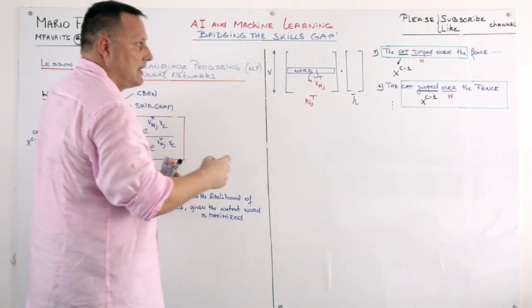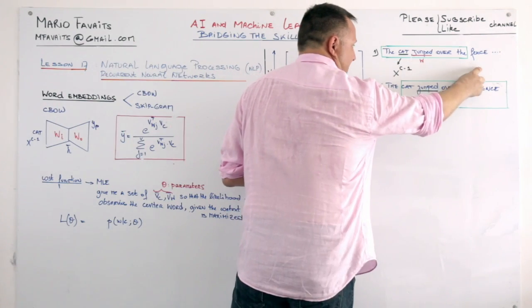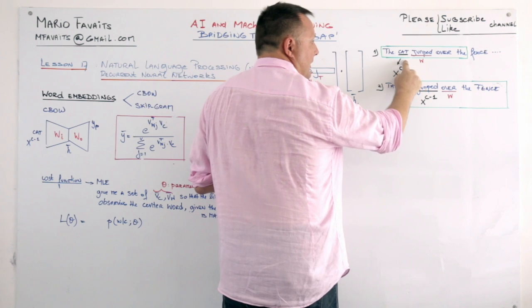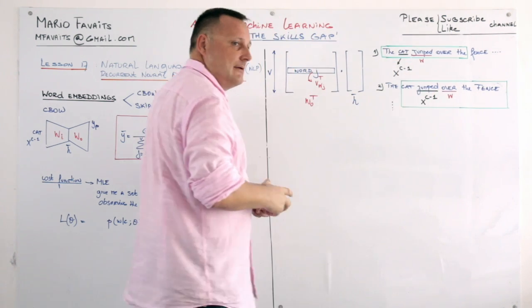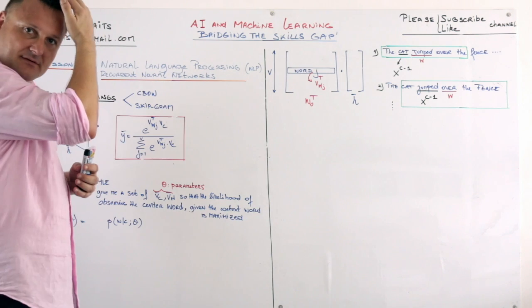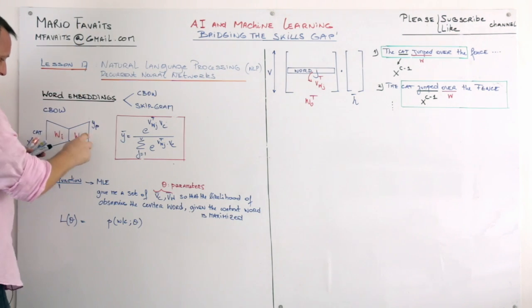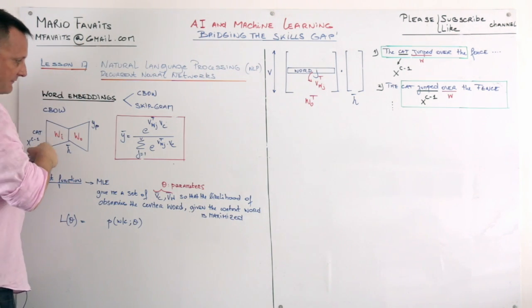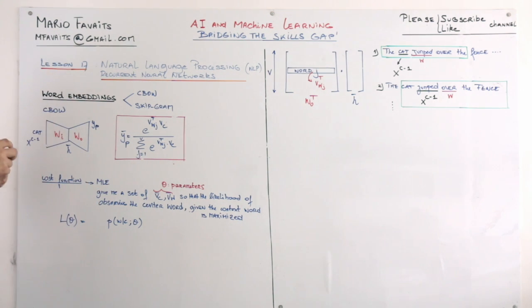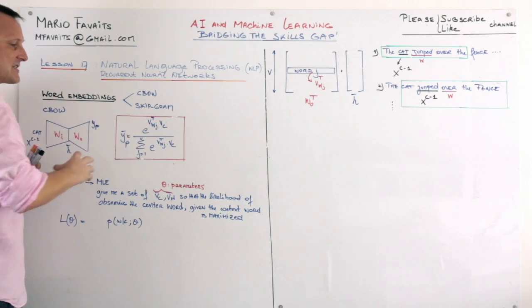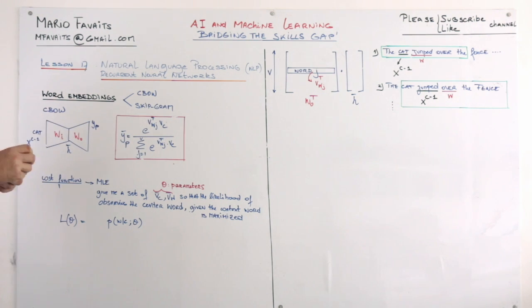Remember, the cat jumped over the fence. Given cat, we try to predict the center word, in this case jumped. So this is y predict, and we derived this formula, and we have this softmax function.